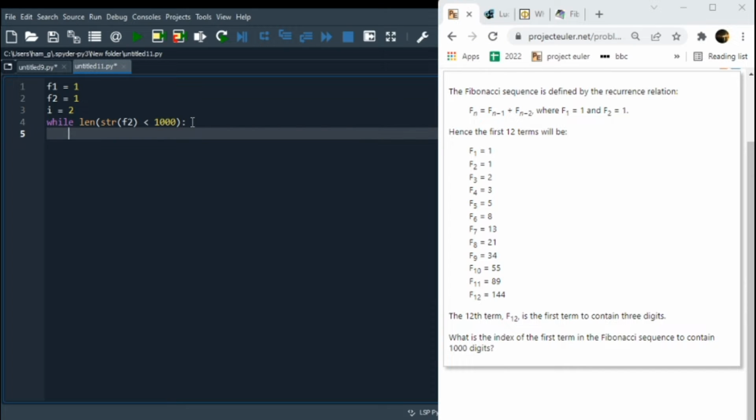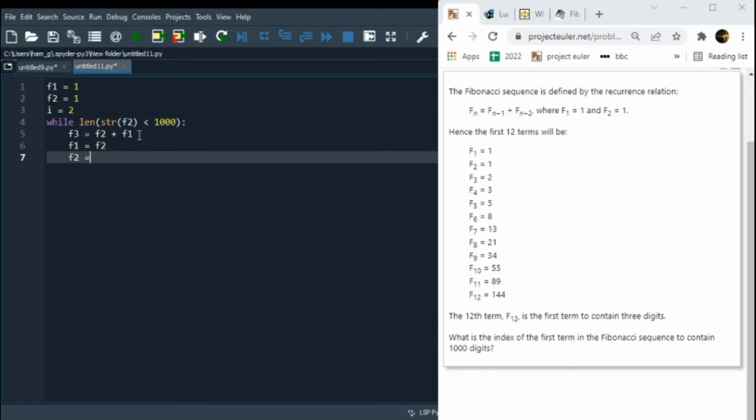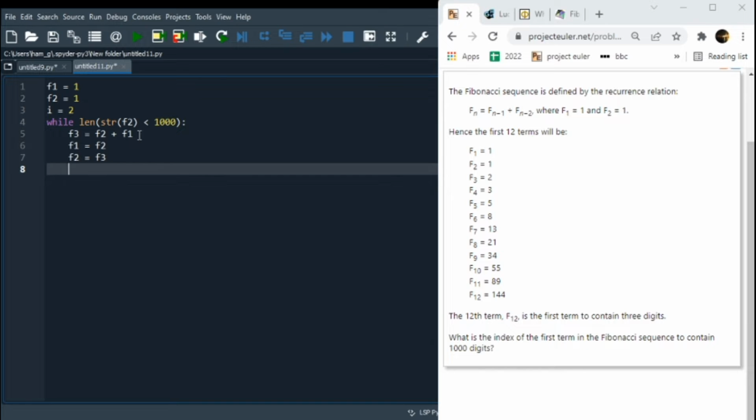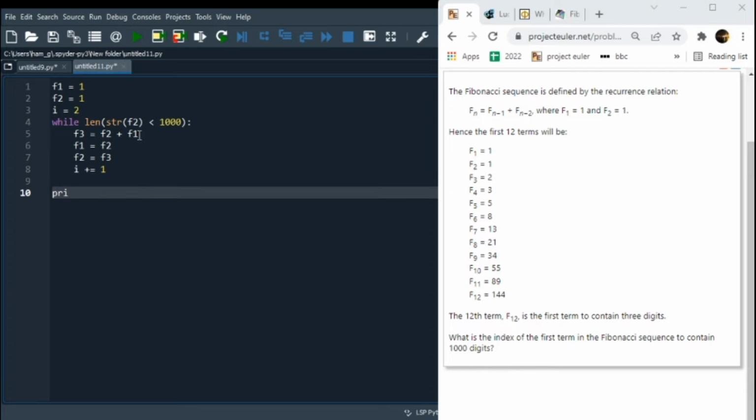So while the length of the Fibonacci number is less than 1000 digits, we just keep generating new ones. f3 equals f2 plus f1, f1 equals f2, and f2 equals f3, and then i plus equals 1. At the very end we want to print i. That should give us the correct answer.